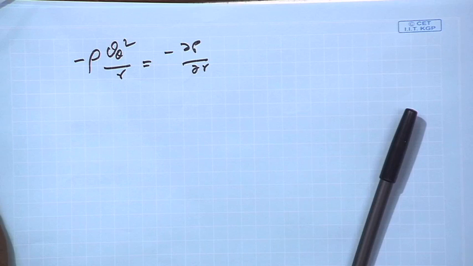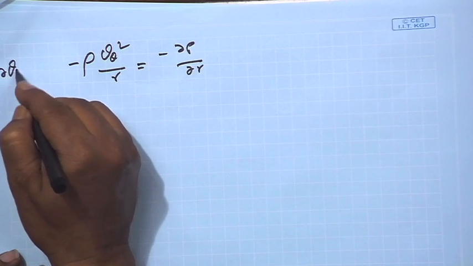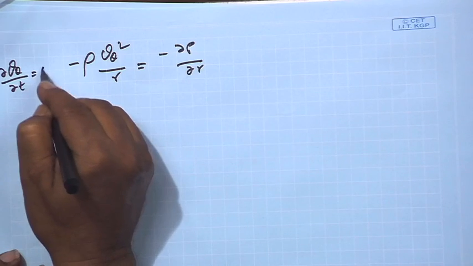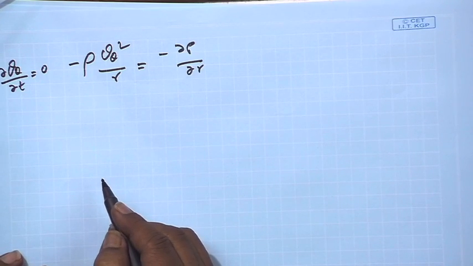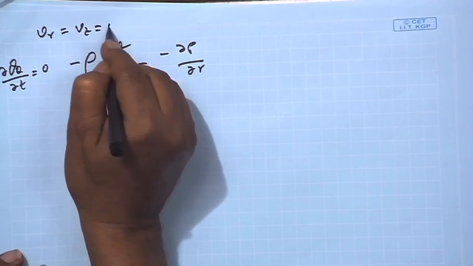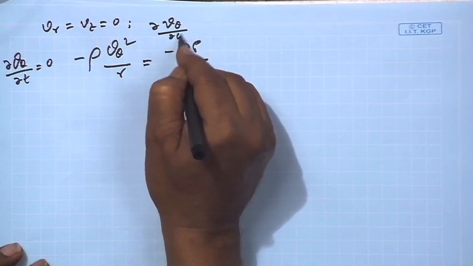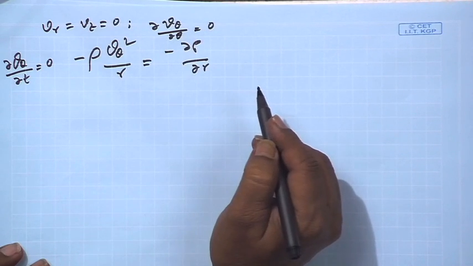So, if this is the r component, similarly for the theta component we can say in the same way, since rho is constant and since it is steady state, del V theta del t is equal to 0. We also said V r is equal to V z is equal to 0. This was our initial assumption. Del V theta del theta was also equal to 0.